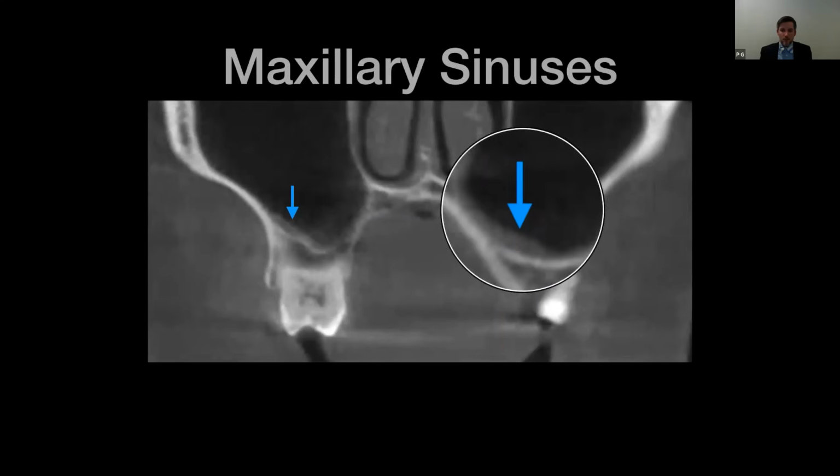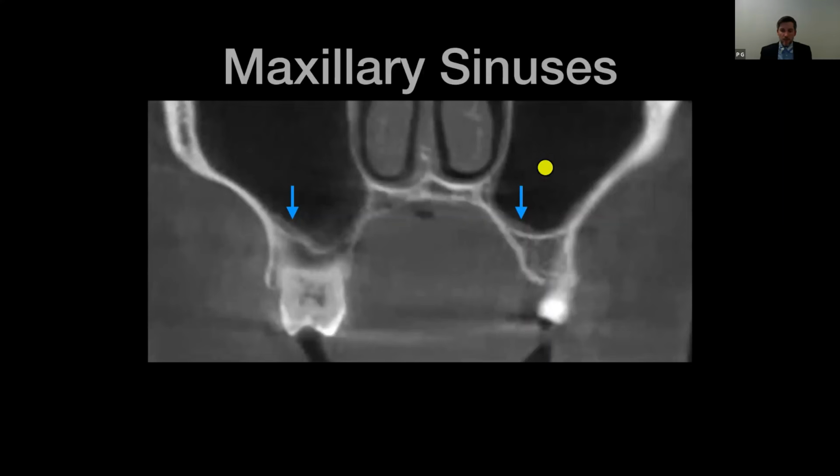We want sinuses to be completely dark, completely radiolucent, but every so often you do see a thin layer of gray at the bottom of the sinuses. And that is the same density as the soft tissue, right? And so this is either mucosal thickening in the maxillary sinuses or a little bit of fluid.